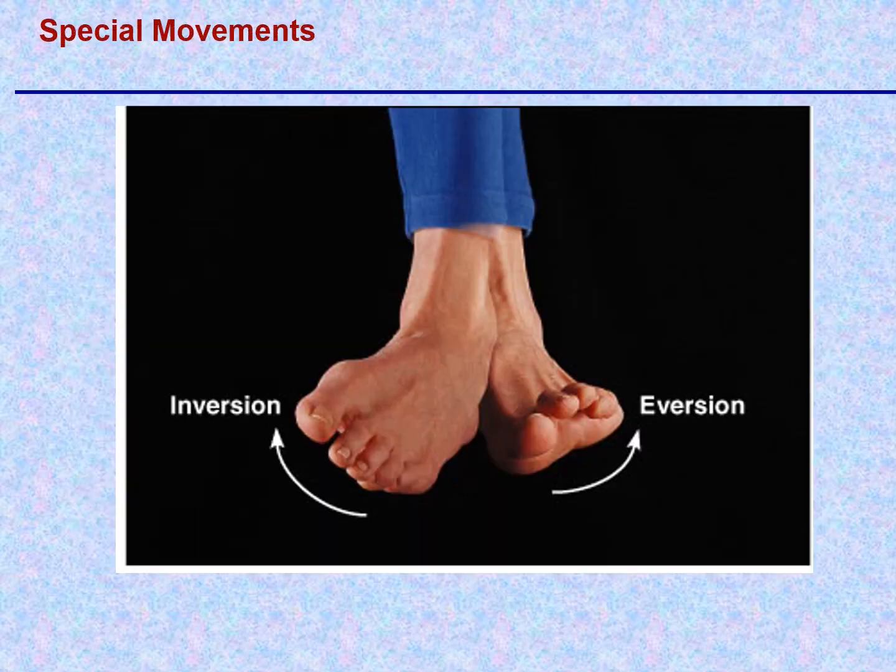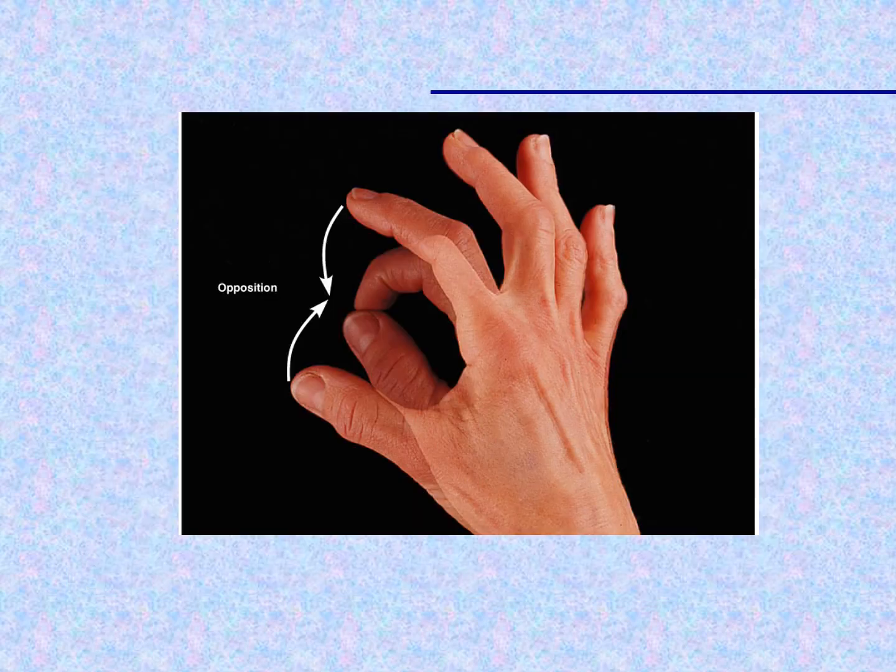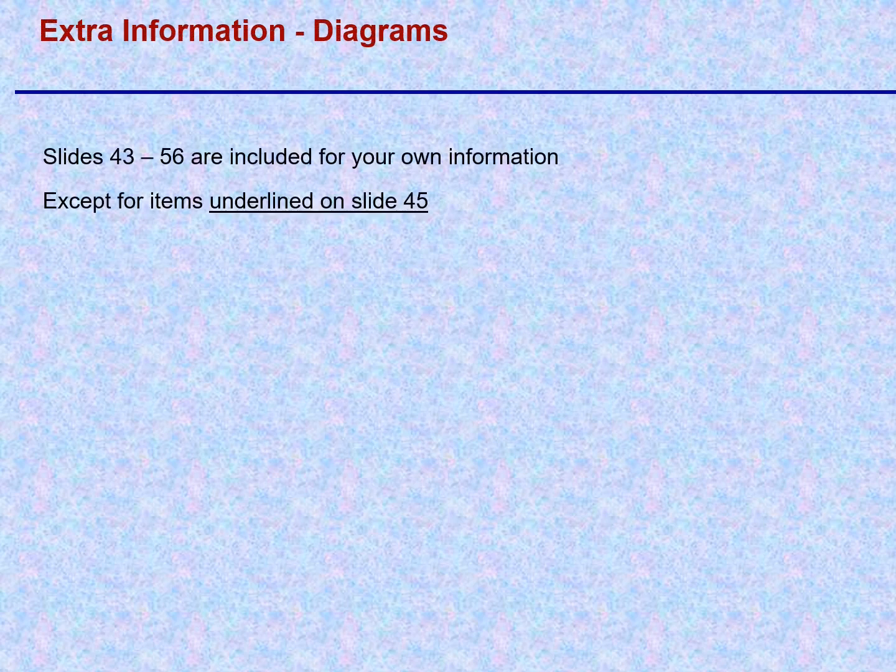And that's all I'm going to say here for special movements. There is extra information here on slides 43 to 56. It's included just again for your own information. I wouldn't examine you on it, except for the items underlined on slide 45. This here is slide 42.